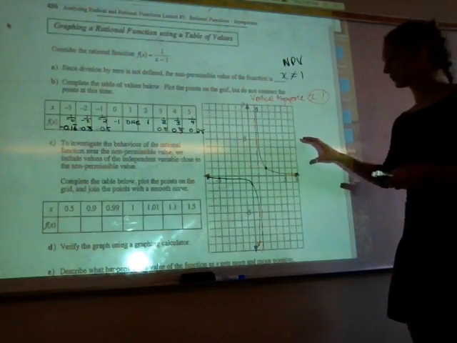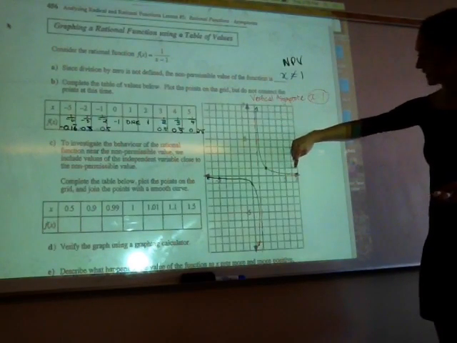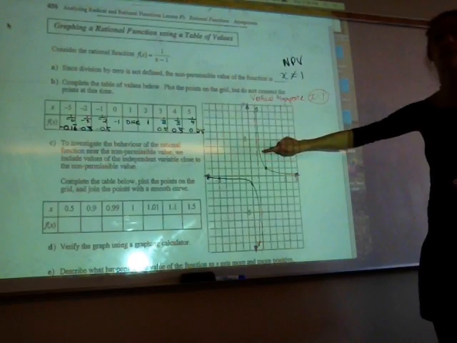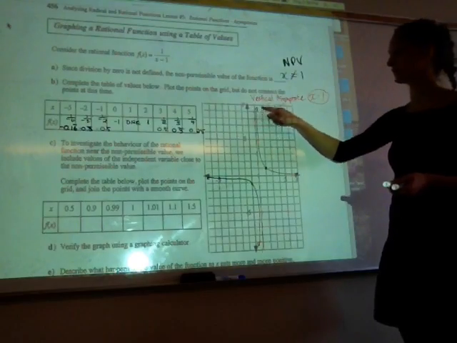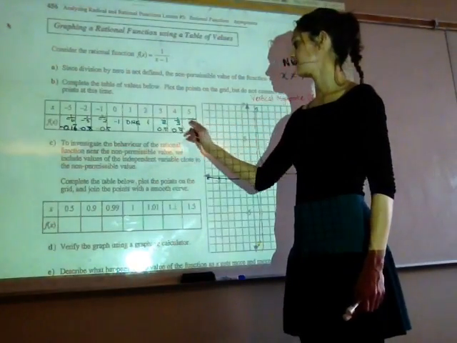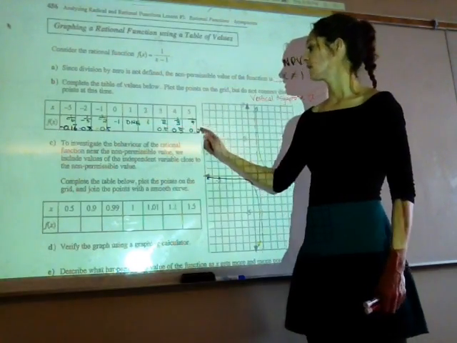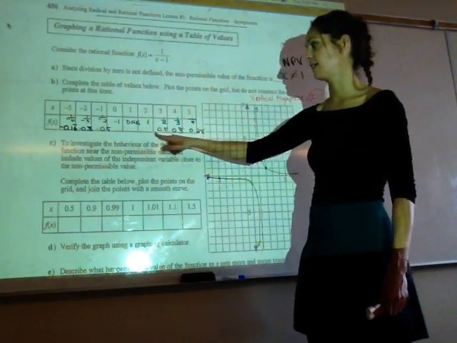So let's just talk about what we see so far. As the graph's x values are getting smaller, what do you notice about the y coordinates? They're getting bigger. As the x coordinates get smaller, from 5 to 4 to 3 to 2, we're going from 0.25 to 0.3 repeated to 0.5 to 1.